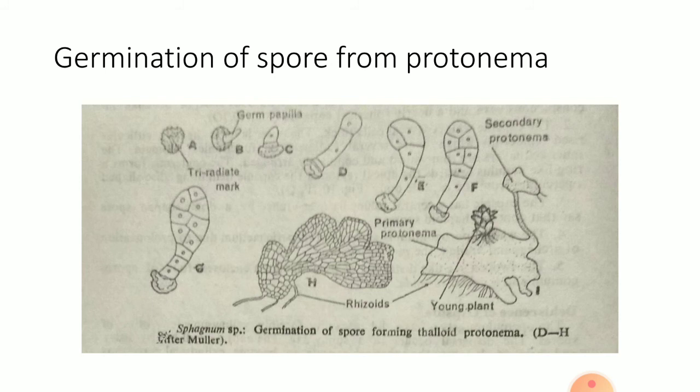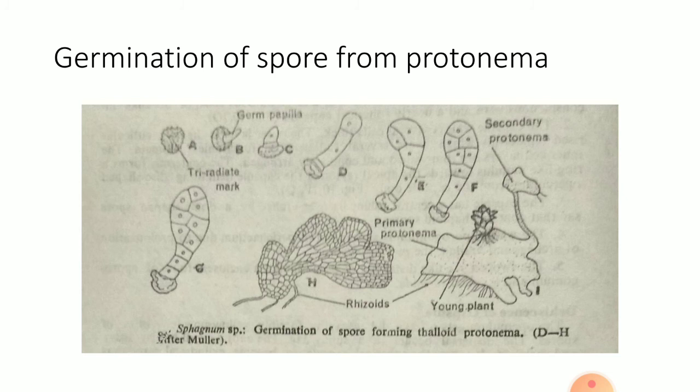Each thalloid protonema gives rise to a single gametophore. The juvenile leaves consist of uniform hexagonal cells, but the cells of the subsequent leaves differentiate into chlorophyllose and hyaline cells. You have seen the leaf structure of Sphagnum.